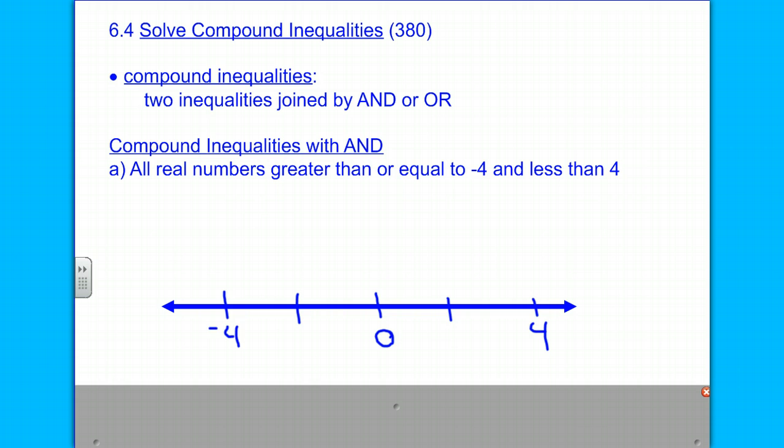All real numbers. Something is representing all real numbers, and that's usually a variable, right? So we could call them x. The numbers that are greater than or equal to -4 and less than 4. So how do you write that?